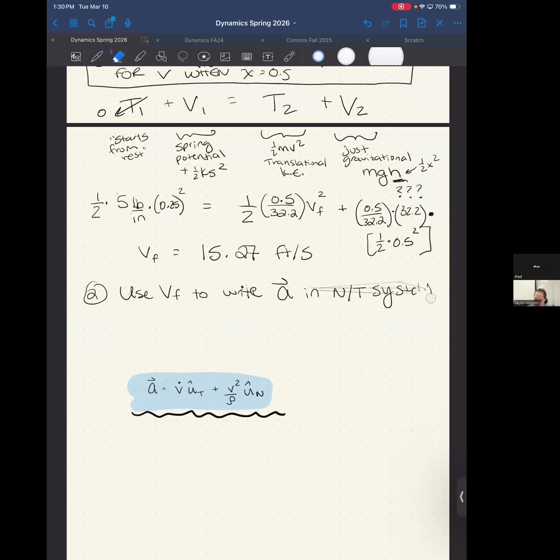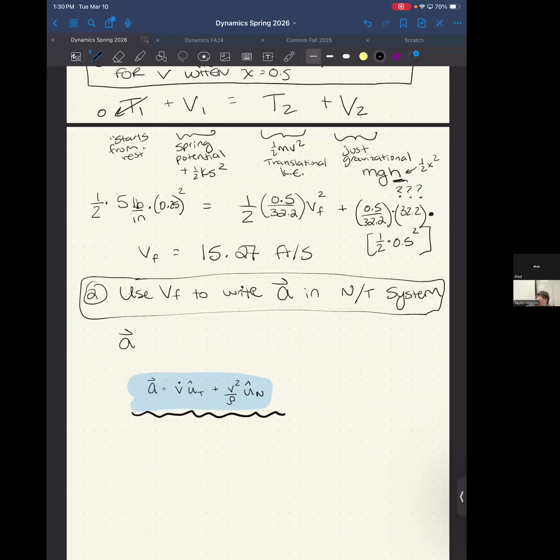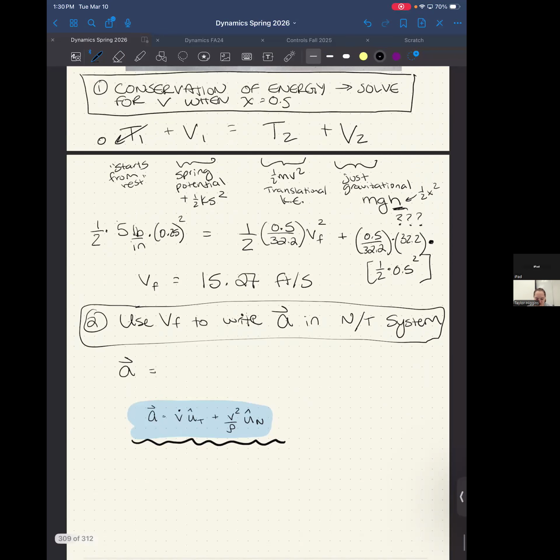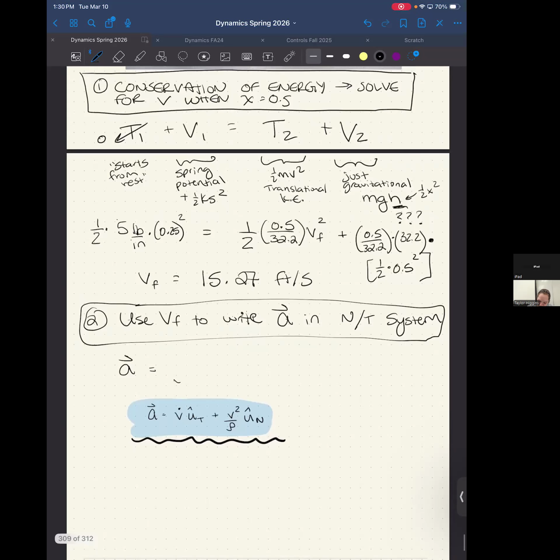Come on, iPad, work with me. Okay, so we should get acceleration is equal to v dot. I don't really know how v dot is changing, so let's maybe leave that as is for now and say that the normal direction is 15.27 squared over rho, and I need to go find rho.